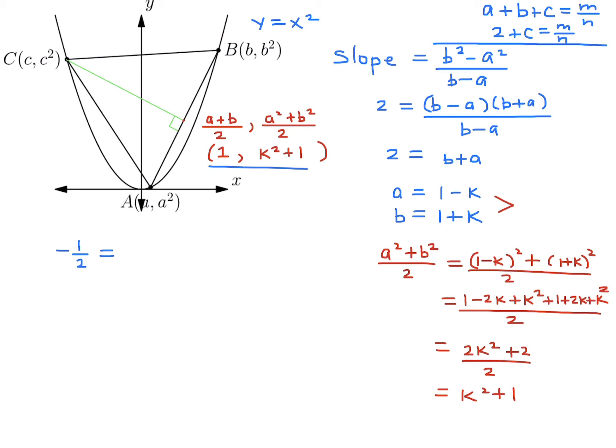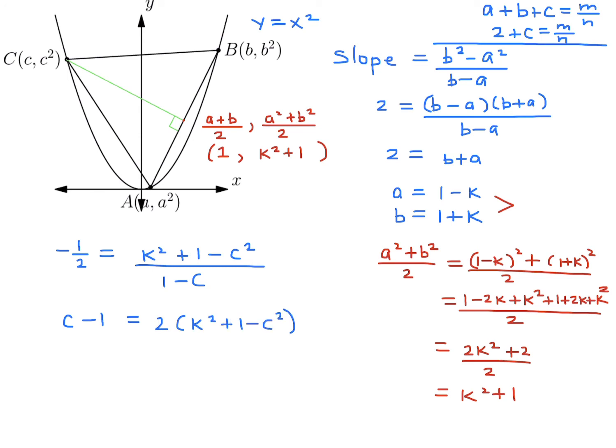So we can use our points to figure out a relationship. Rise over run again. So I have 1, k squared plus 1 minus c squared, rise over run, 1 minus c. Cross multiply here and I'll get negative 1 times this gives me c minus 1, and then 2 times that gives me 2 times (k squared plus 1 minus c squared).